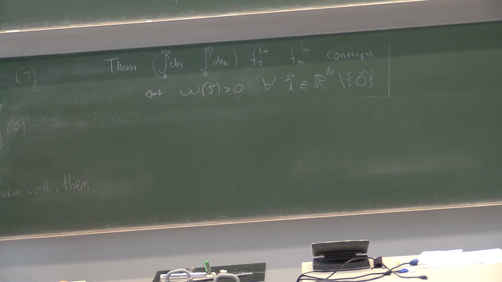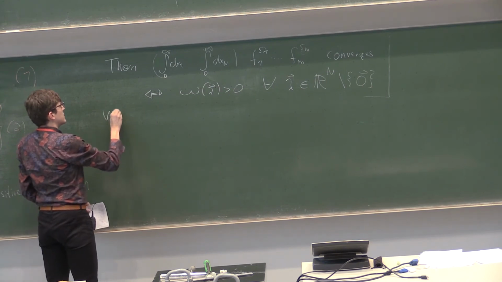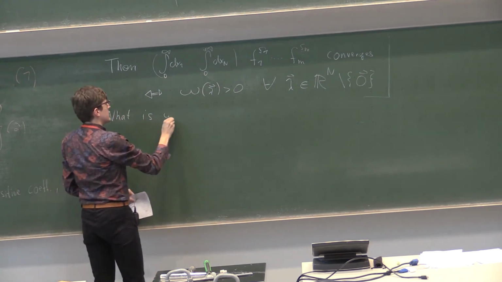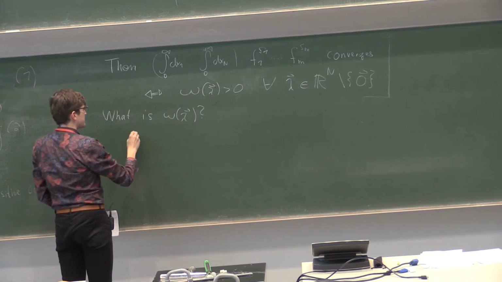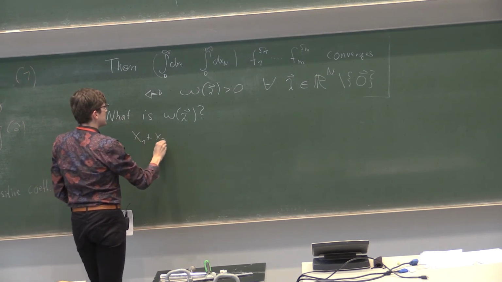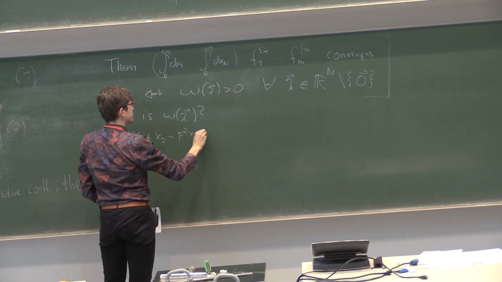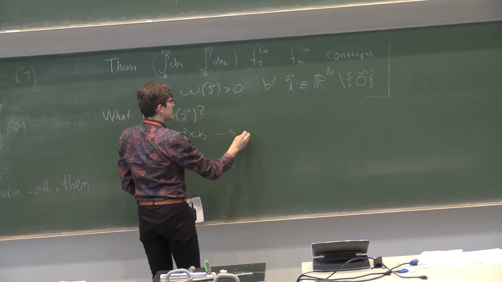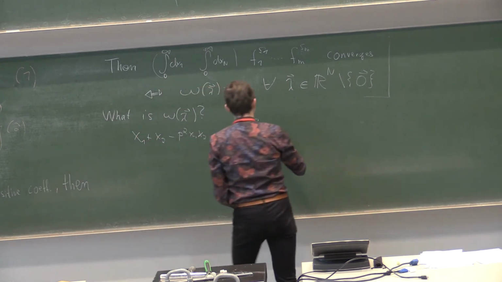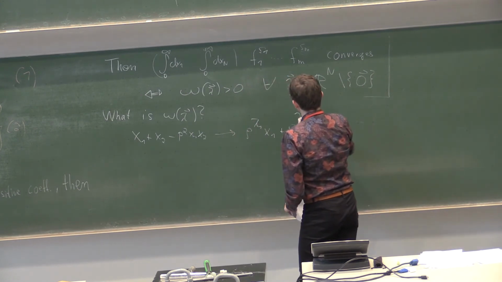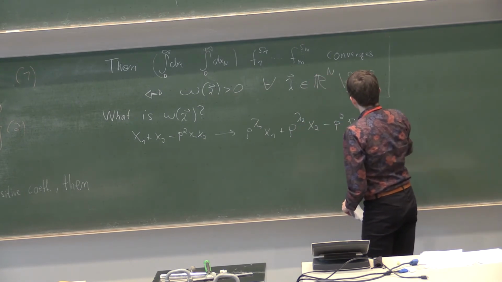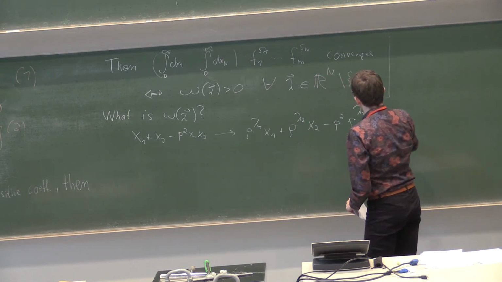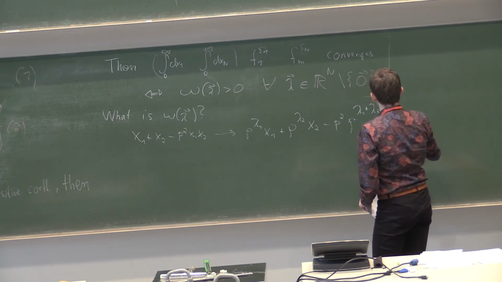Well, in the examples, I think it's been clear what happened, right? So what is omega lambda in general? Well, we had our polynomial x1 plus x2 minus p squared x1 x2. And under the rescaling, this becomes rho to the lambda 1 x1 plus rho to the lambda 2 x2 minus p squared rho to the lambda 1 plus lambda 2 x1 x2.